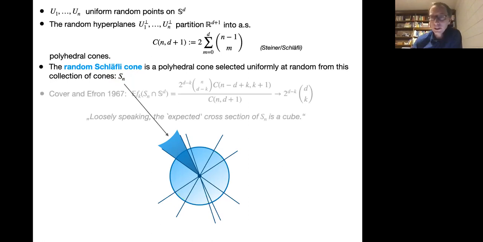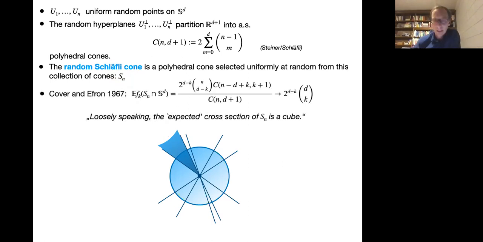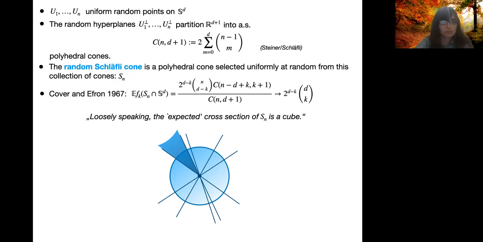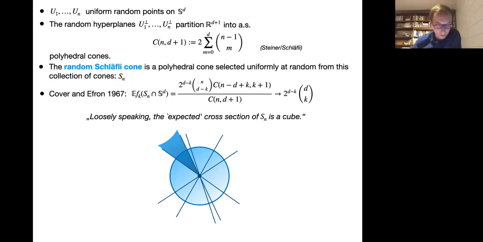And well, we are not the first ones who studied this model of random cones. It was this paper of Cover and Efron in the 1960s, where they computed the expected f-vector of this random Schläfli cone, or equivalently, if you intersect this random Schläfli cone with the unit sphere, you will see a spherical polytope.